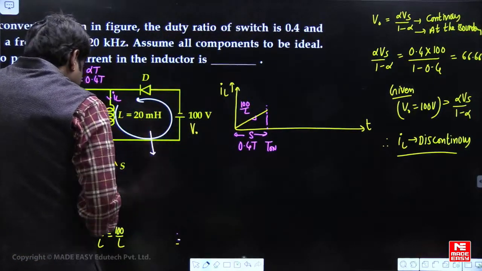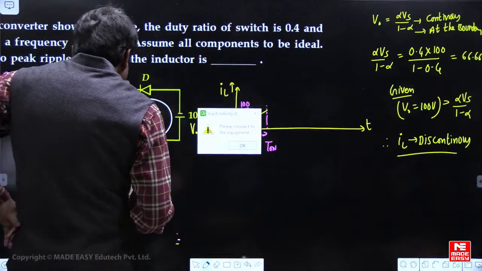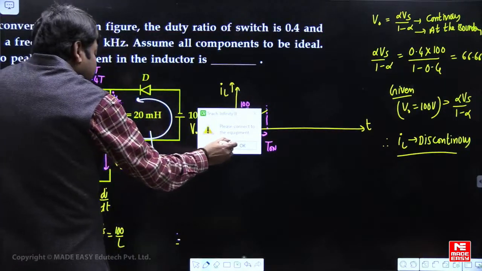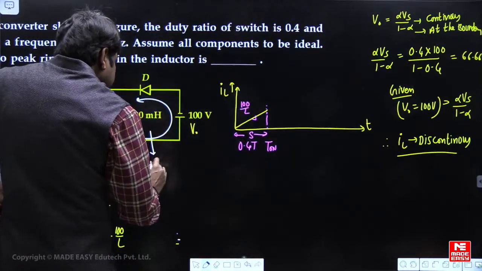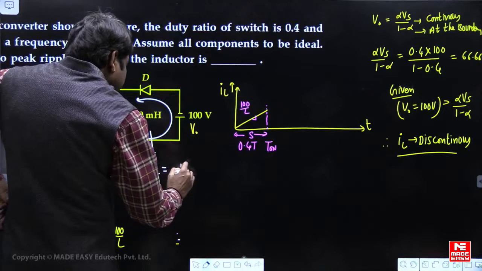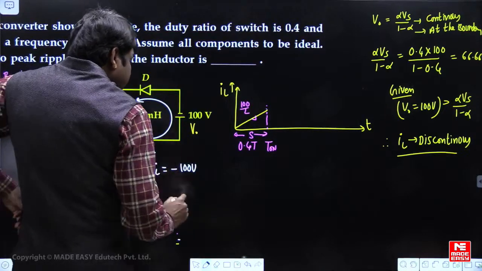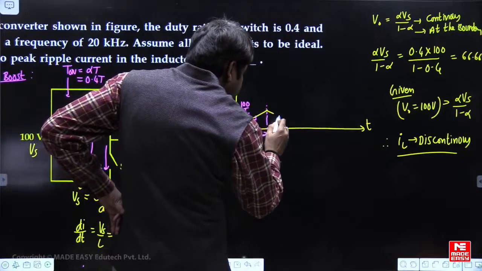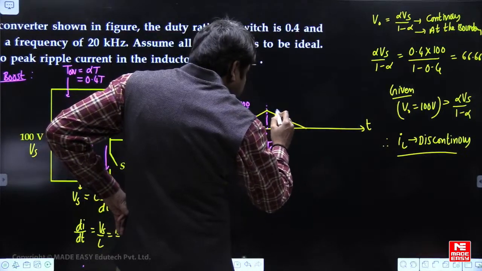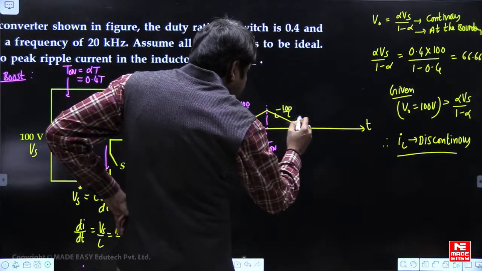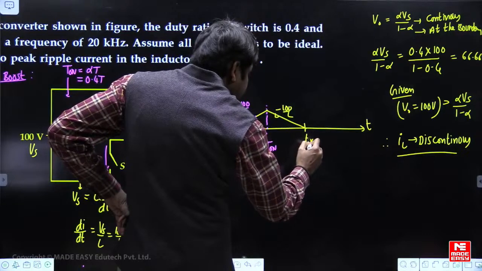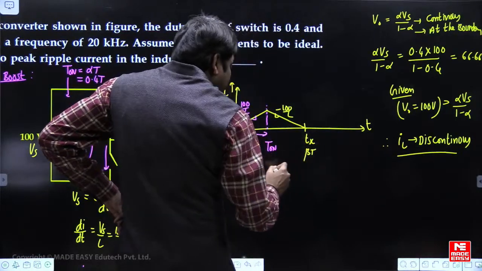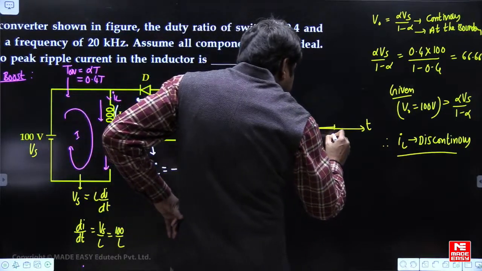VL will become negative, minus 100 volts, as L is discharging energy. So the current is linearly discharging at a slope of minus 100 by L. This is the extinction time, beta into T. After that it will be discontinuous.